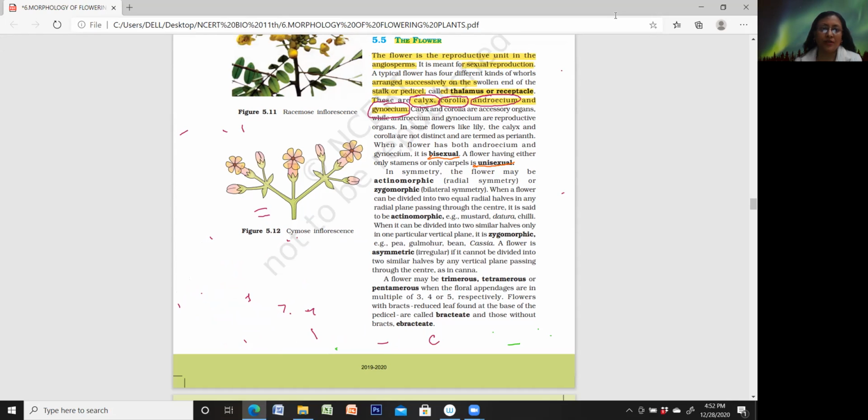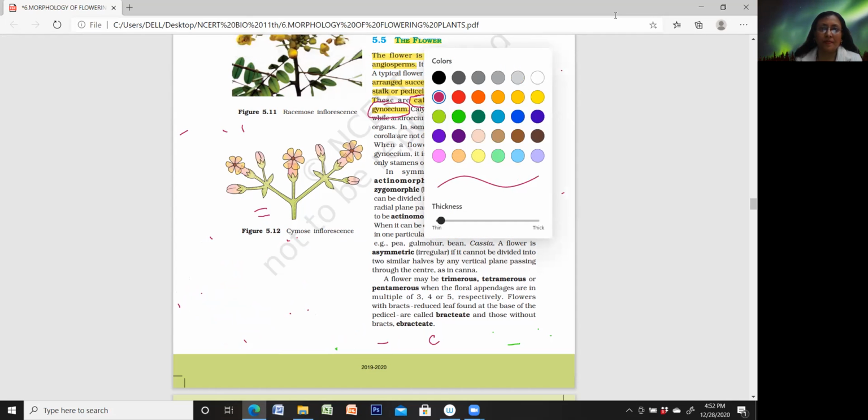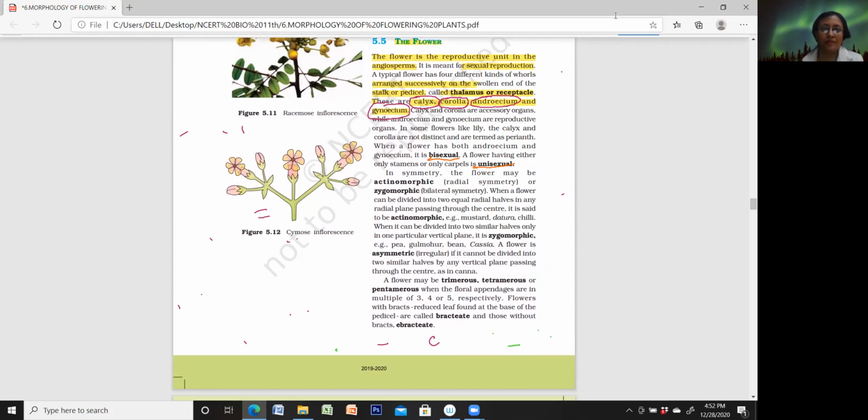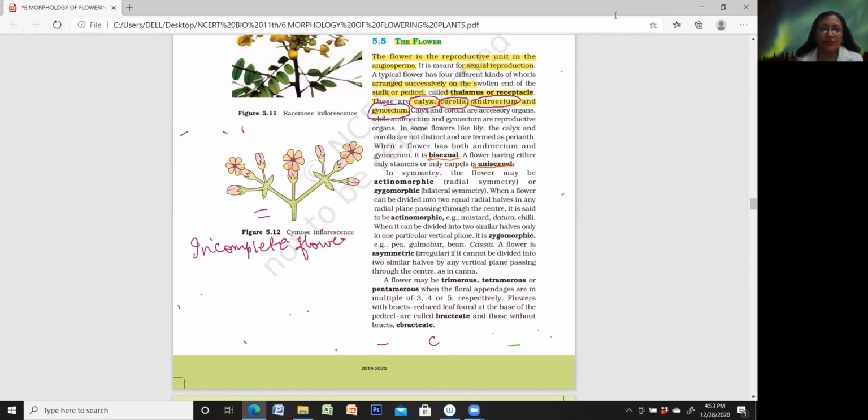Now, when we talk of an incomplete flower, some whorl must be missing, right? So let us take which is missing.